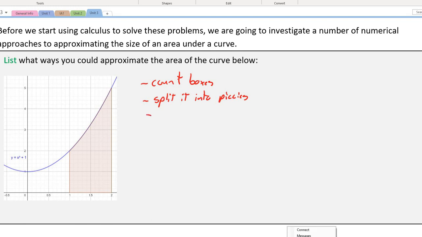You could do a methodical approach and make boxes. So you could do the first box, one box across, then do the next one, and each time I just go across.